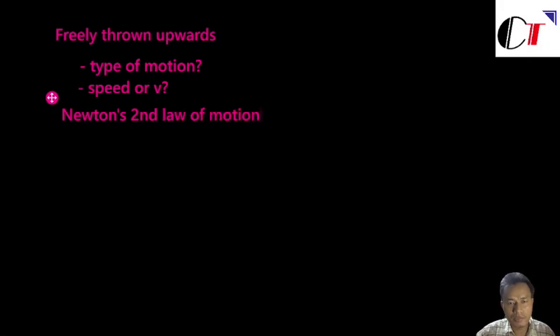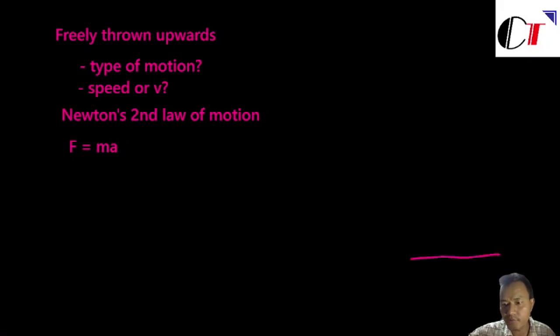So Newton's second law just states that F is equal to mass times acceleration. This means the resultant of all the forces acting on the system will be equal to mass times acceleration.